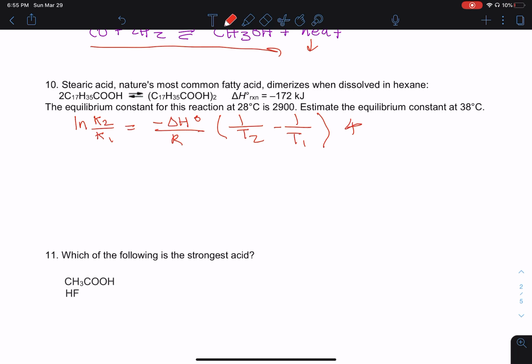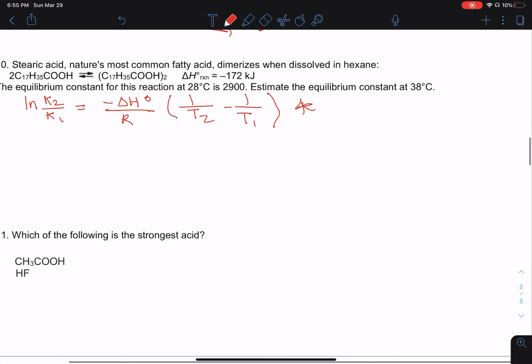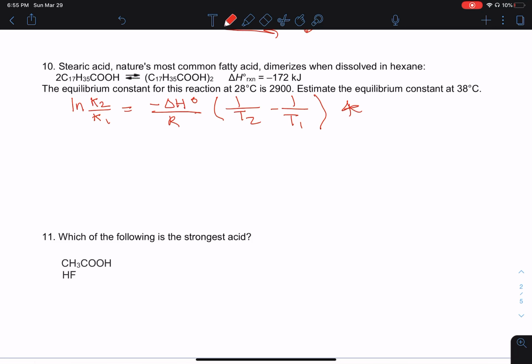So that is an important equation. K2 is the equilibrium constant at temperature T2, and K1 is the equilibrium constant at temperature T1, and delta H is the enthalpy change. R here is the constant, 8.314, and so we can move forward. So let's look here.